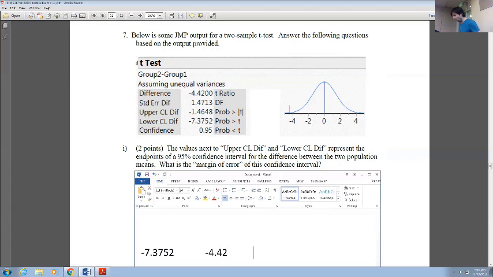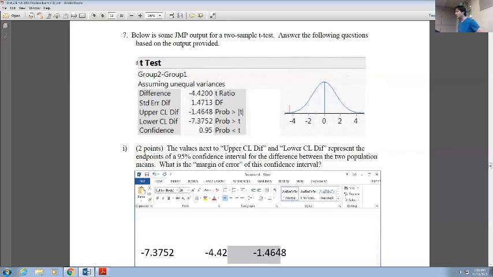Then at the upper portion of the interval, we have -1.4648. So the margin of error is literally the distance from the upper to the middle, or it could be described as the middle to the lower because this is the plus or minus. You have to go up or down this amount right there. So that is the margin of error.